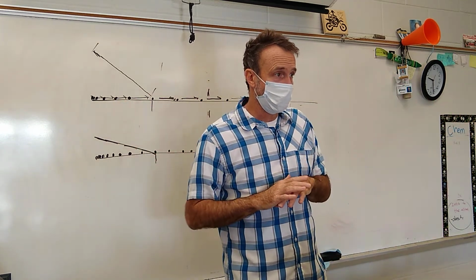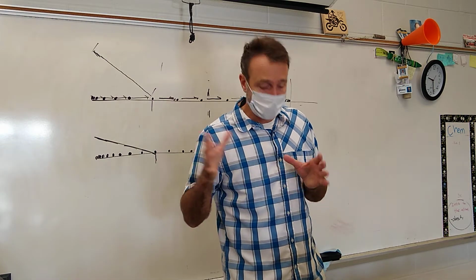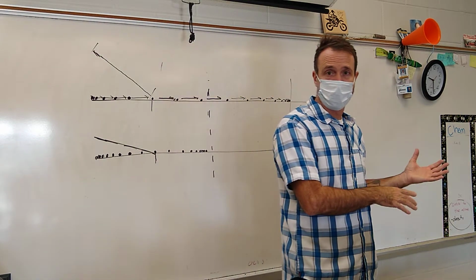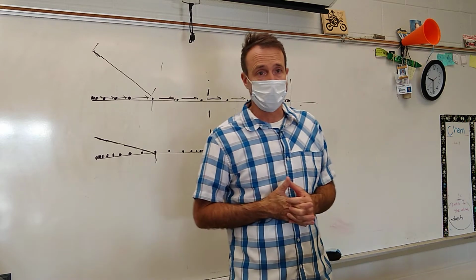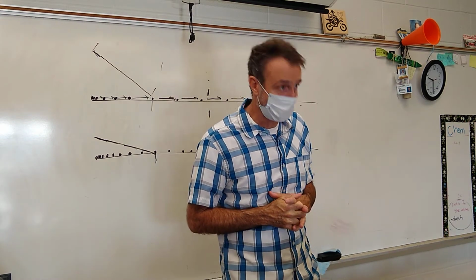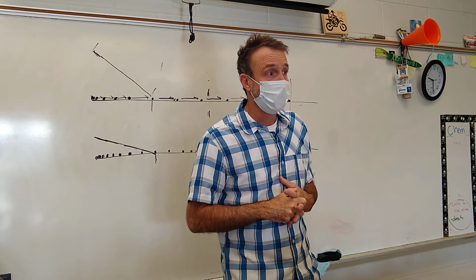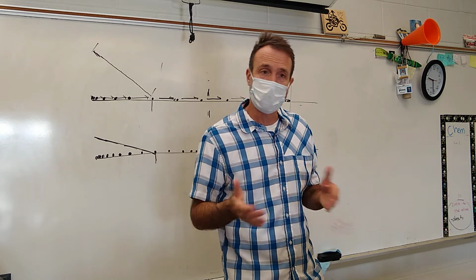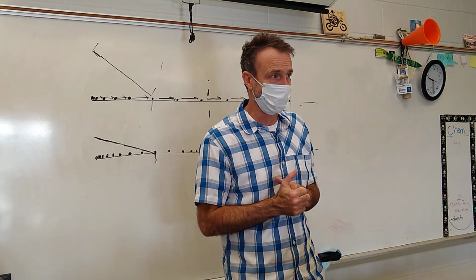But since we're in the hall, and there are very clearly defined tiles on the floor, we're going to calculate the velocity of our car in tiles per second, right? Instead of meters per second, we'll do tiles per second. Does that make sense to everyone?